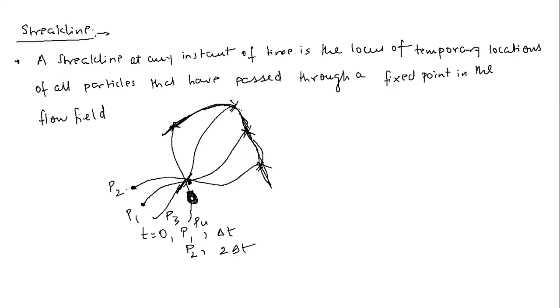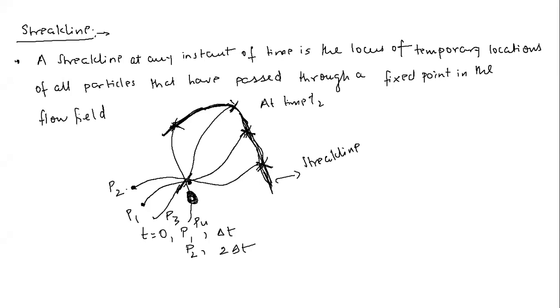Let's say after some time t2, one fluid particle reached this location, another reached this location, another reached this location, and another this location. When you join these, the line which you have is called a streak line.